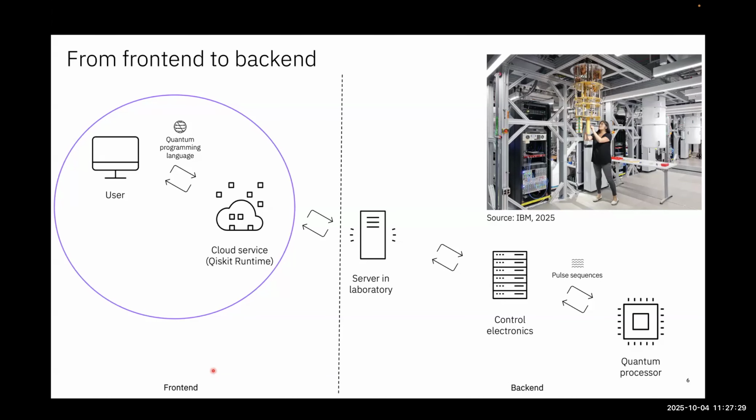So what you are actually doing when you send your circuits, or your algorithm, that you want to simulate, it's called a job in Qiskit, it goes to a control system, like control electronics, which interpret what you send into pulse sequences that interact with your quantum processor and send the result back.